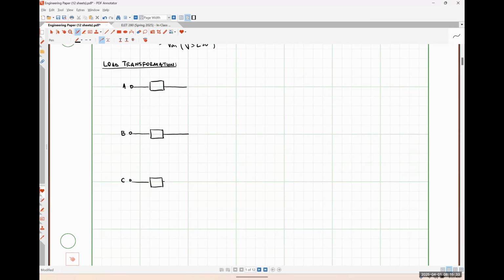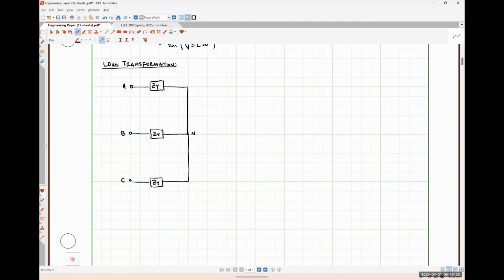And let's say very explicitly that this is a balanced load. So all of these impedances will simply be ZY.